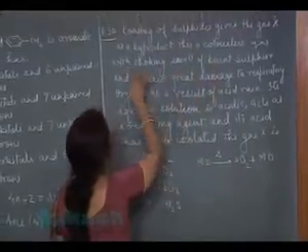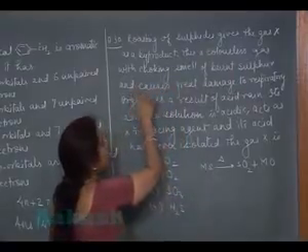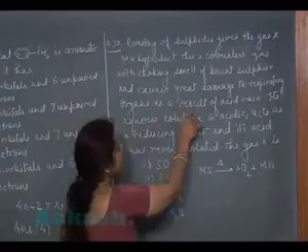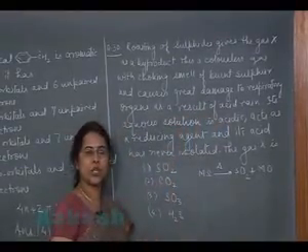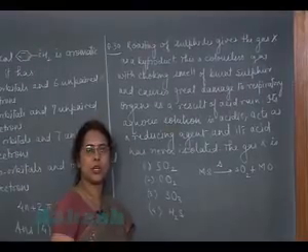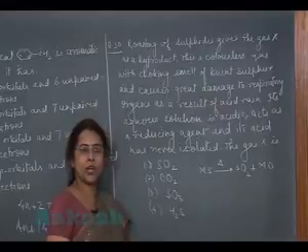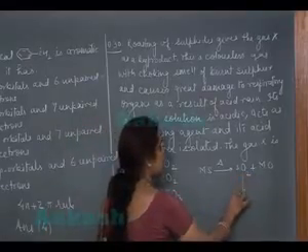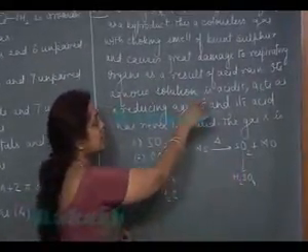This is a colorless gas with choking smell of burnt sulfur and causes great damage to respiratory organs as a result of acid rain. As we know, sulfur dioxide is considered as pollutant because it damages our respiratory organs, and the sulfur dioxide, when dissolved in water, forms sulfuric acid. And this sulfuric acid is a great cause of acid rain.